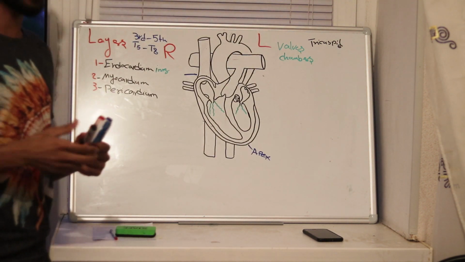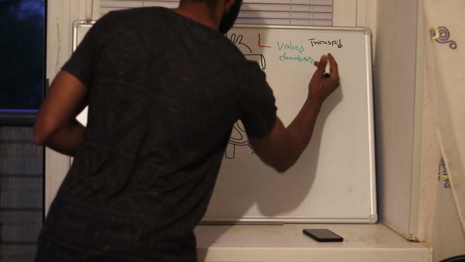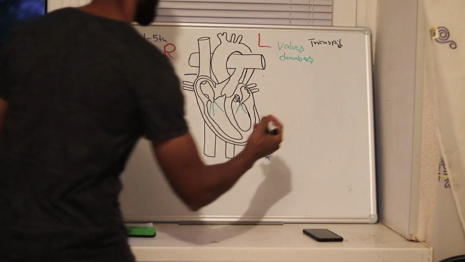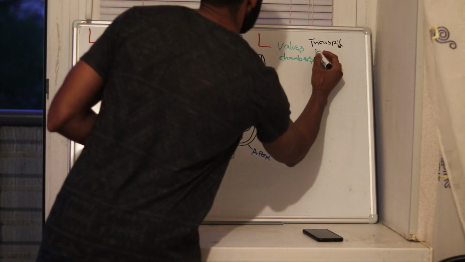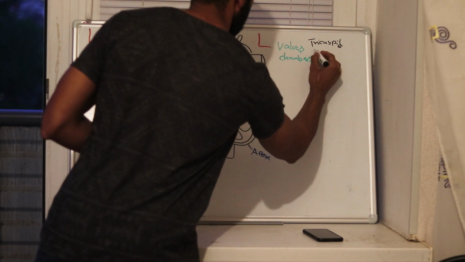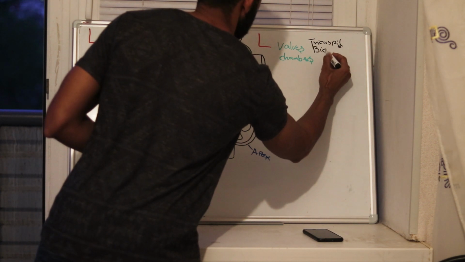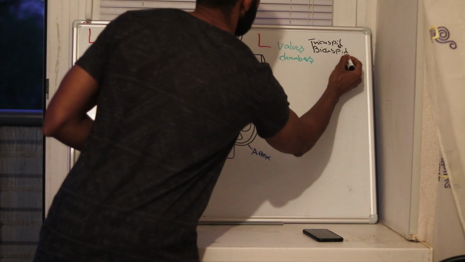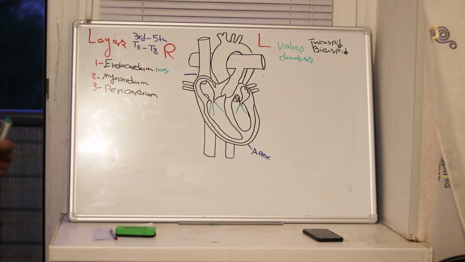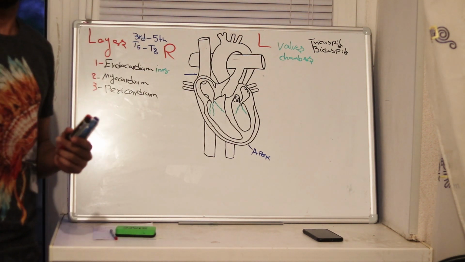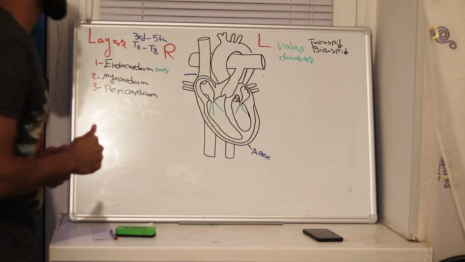A cusp is like a bucket that prevents regurgitation of blood from the heart. And we have the second major one, which is bicuspid, to make it easy for you. So tri means three cusps. Bi means two, or di in Latin.